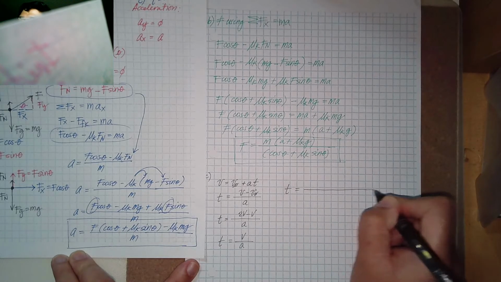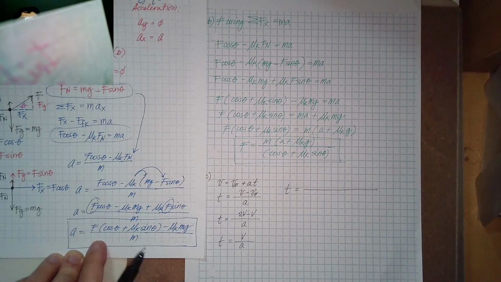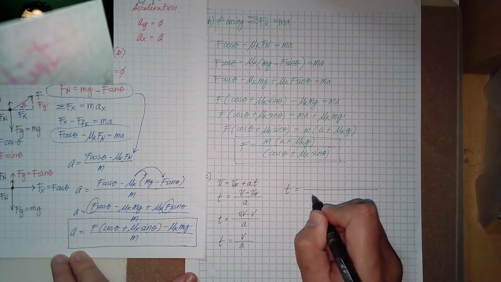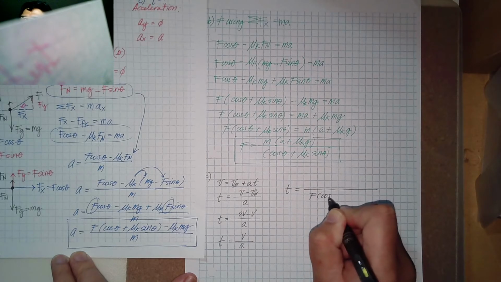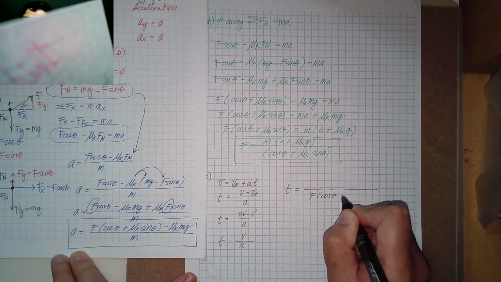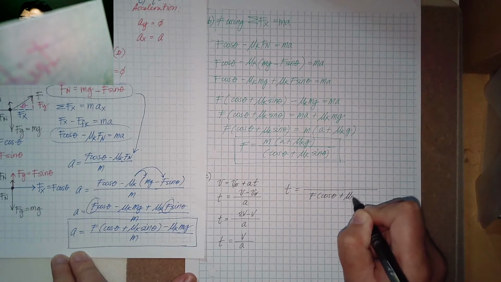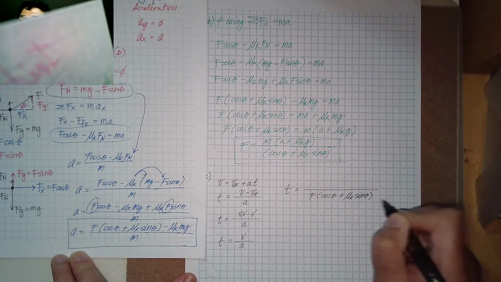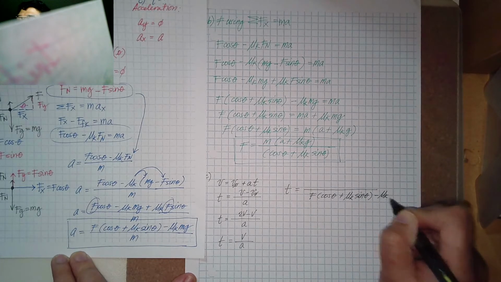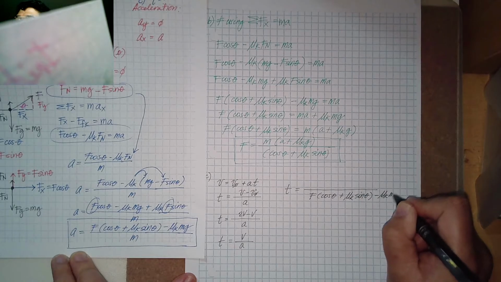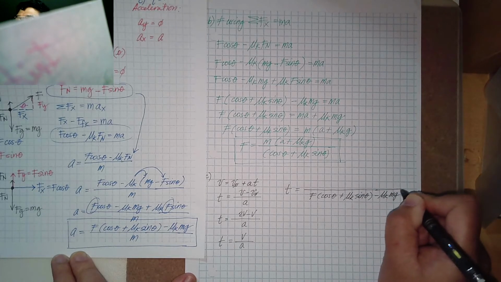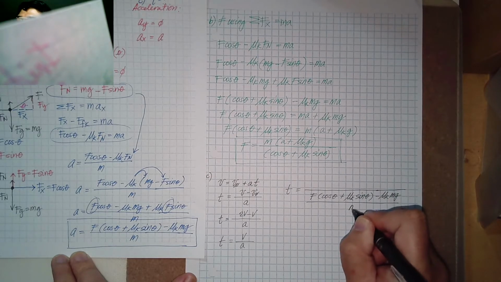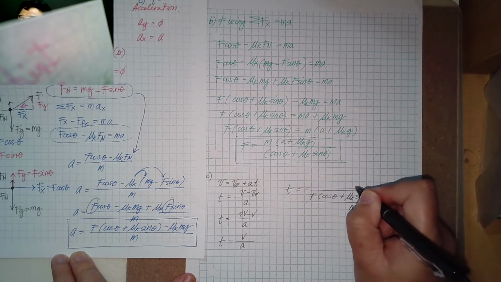Instead of using a, let's put all of these values: F multiplied by cosine theta plus mu, the coefficient of kinetic friction, sine theta, minus the coefficient of kinetic friction multiplied by m and g, over m, and this one is the velocity.